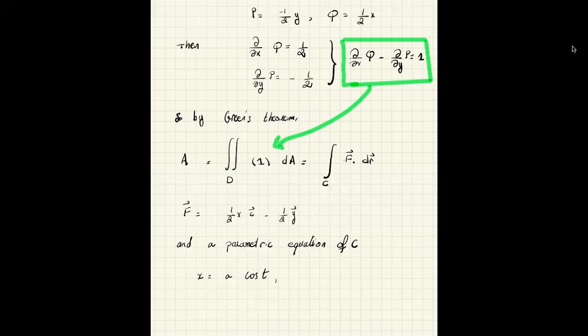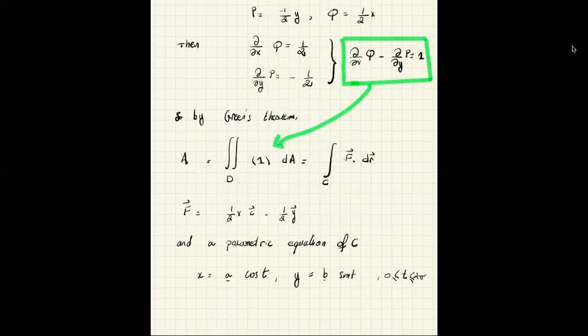But an ellipse has a different value on the two axes. So that's an ellipse, and t goes from 0 to pi.